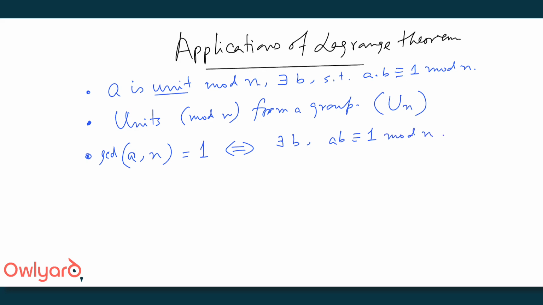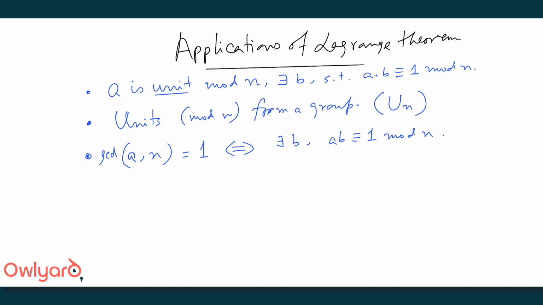And this implies both ways. That means in order to belong to the group of units, that number has to be relatively prime modulo n, right?